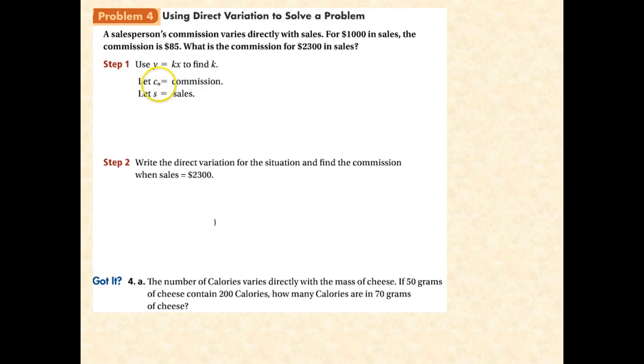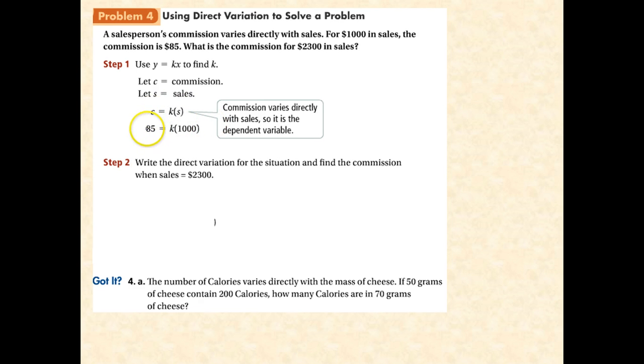So our commission is going to equal a constant times sales. When we got a commission of $85, our sales were $1,000. So if we divide both sides by 1,000, we get that our constant of variation is 0.085.